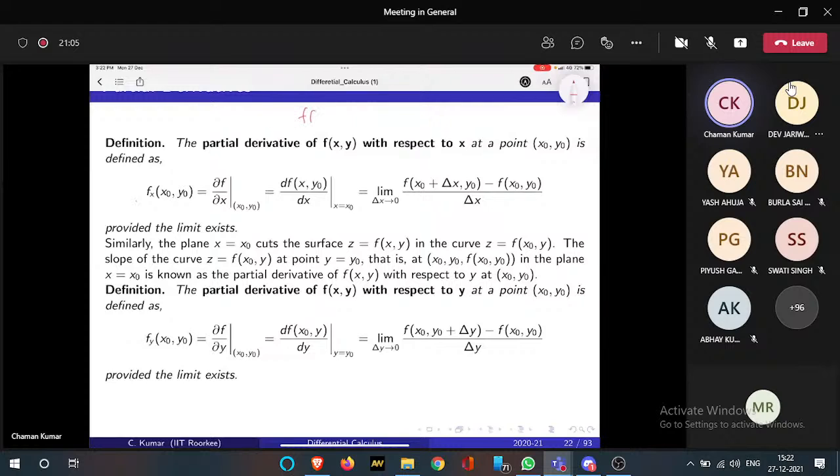So if you have f of x, y, and z, and you keep z as constant, and then you want to change x, y to x plus delta x and y plus delta y, and look at the simultaneous change in f when x and y are simultaneously changed, that will require the notion of derivative, not the notion of partial derivative of f, where f is a function of 2 variables.